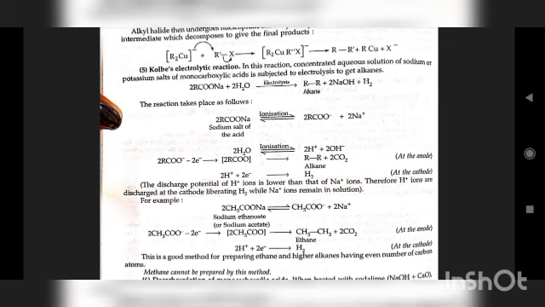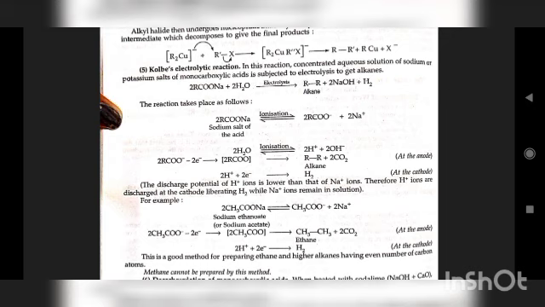2RCOONa in equilibrium gives 2RCOO negative plus 2Na positive. 2H2O in equilibrium gives 2H positive plus 2OH negative. 2RCOO negative minus 2e negatives gives 2RCOO, which gives RR plus 2CO2 at anode. 2H positive plus 2e negatives gives H2 at the cathode.